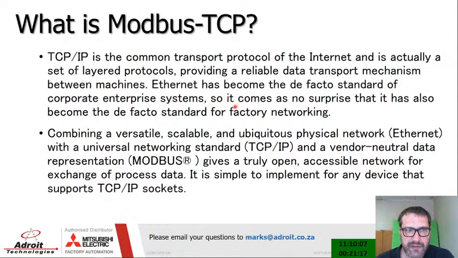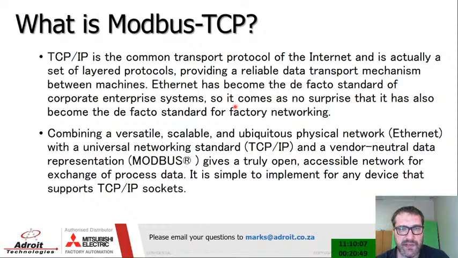The nice thing about Ethernet is it's an infrastructure type network. So you can set up a whole infrastructure and you can have different devices communicating on this. You can have PCs communicating on the same network, for example, sending emails and files across. And it can be on the same network as your factory as well, although this is not recommended at all.